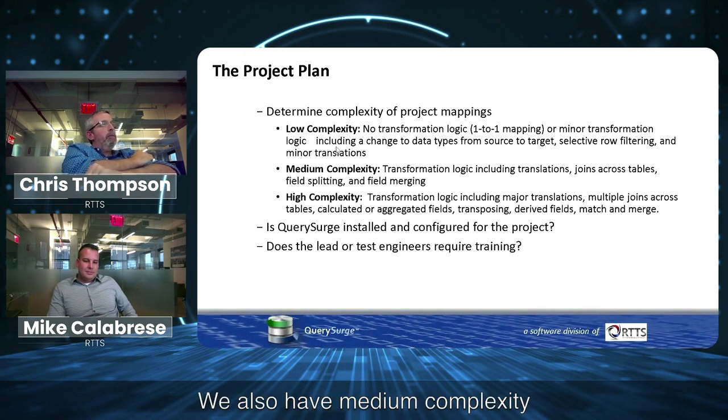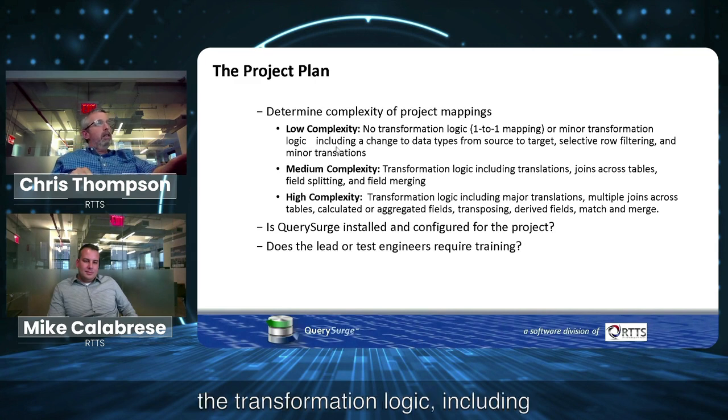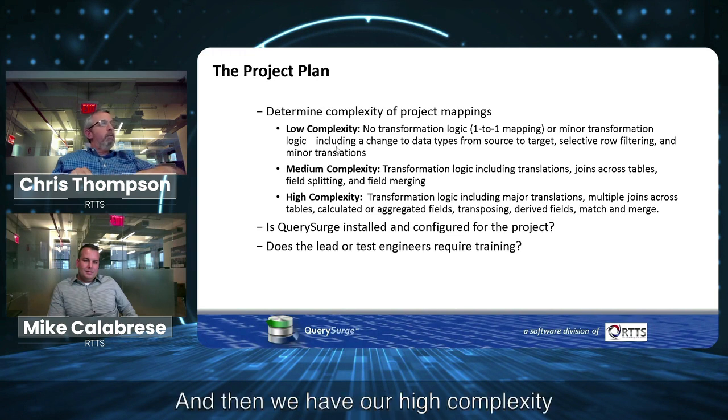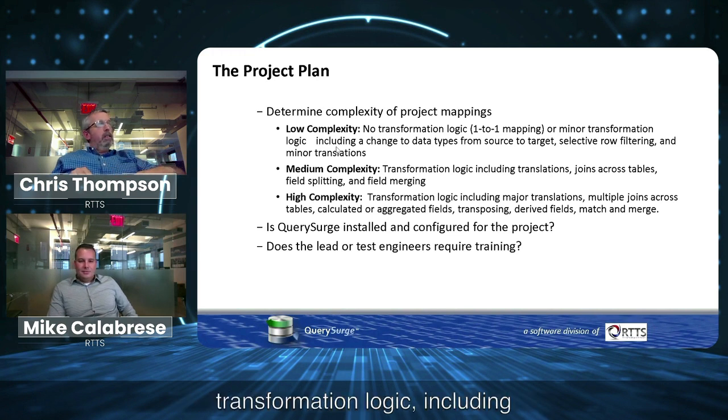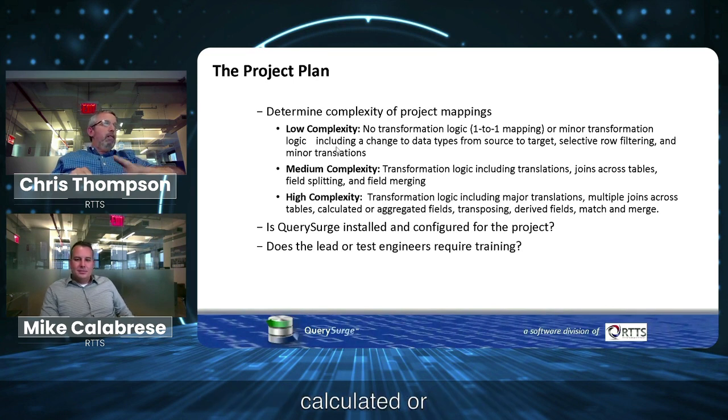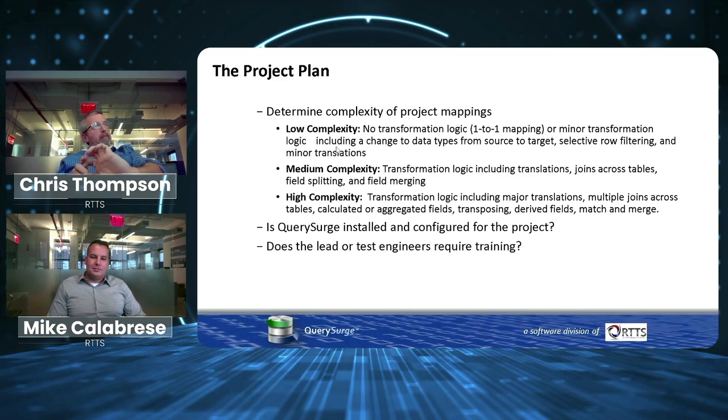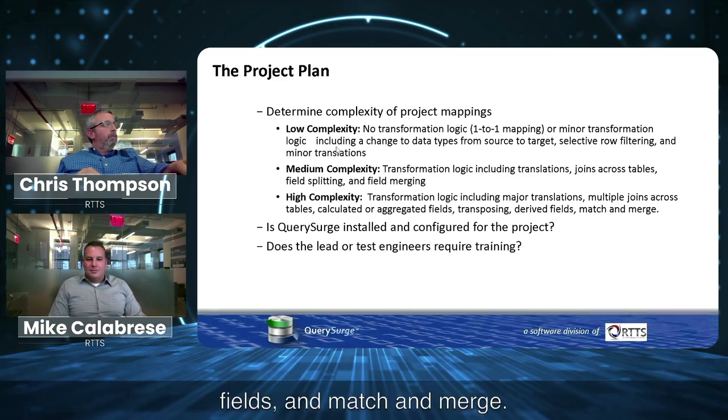We also have medium complexity, with transformation logic including translations, joins across tables, field splitting, and field merging. And then we have high complexity transformation logic, including major translations, multiple joins, calculated or aggregated fields, transposing, derived fields, and match and merge.